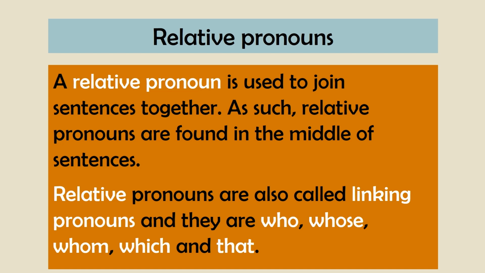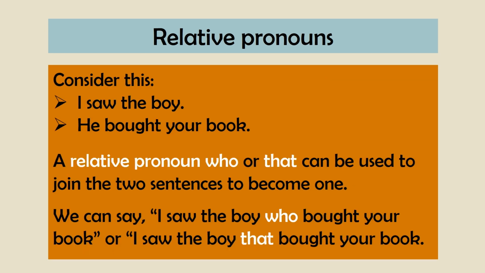Relative pronouns. A relative pronoun is used to join sentences together. As such, relative pronouns are found in the middle of sentences. Relative pronouns are also called linking pronouns, and they are who, whose, whom, which, and that.